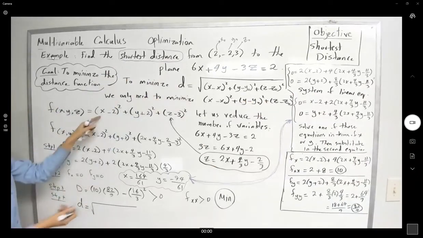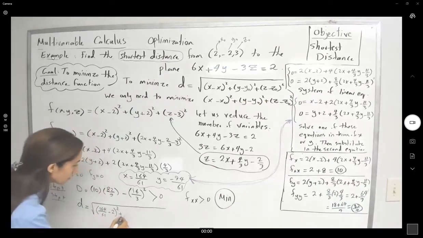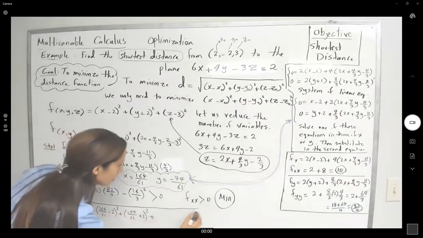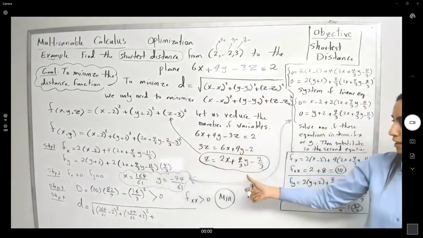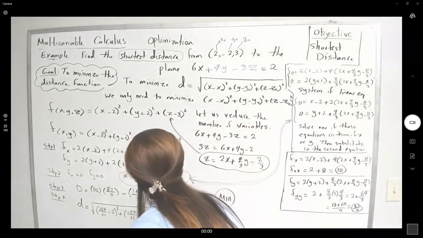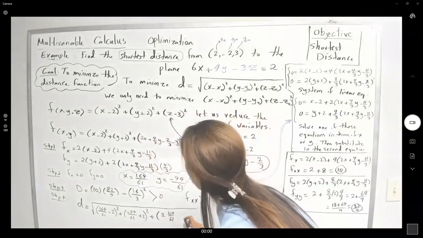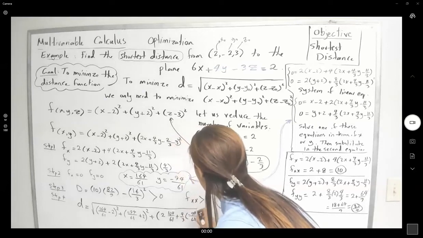Well, here you have x, which is 164 divided by 61 minus 2 squared plus negative 94 divided by 61 plus 2 squared plus, and here you can just use the formula that you have here, or you can use x and y, find z, plug that in, or just write it this way. 2 times 164 divided by 61, and plus 4/3 times negative 94 over 61.